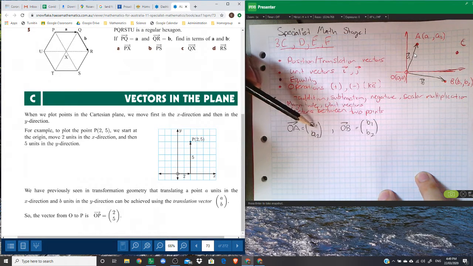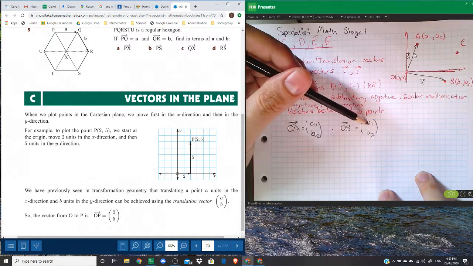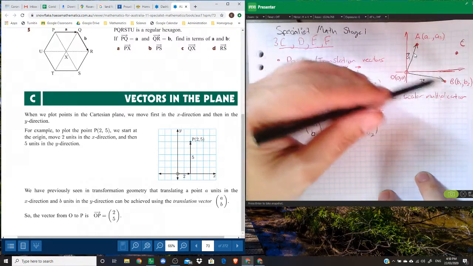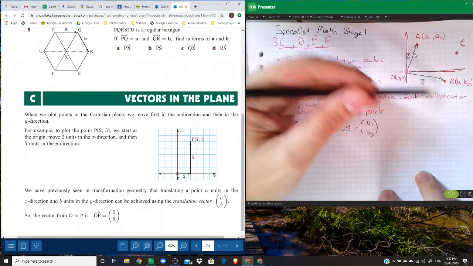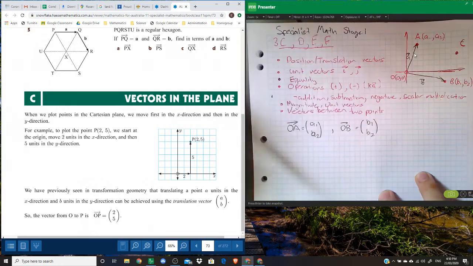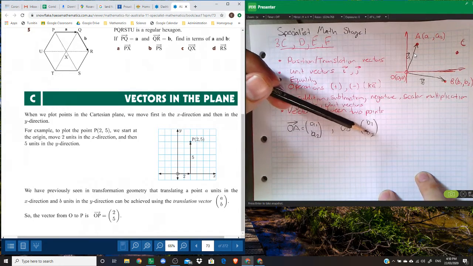So translating by this magnitude in the x direction, positive to the right, and this in the y. If both are positive, A1 to the right, A2 up, B1 to the right, B2 up, but there are some vectors going down, as we can see, so B2 would actually be a negative value.